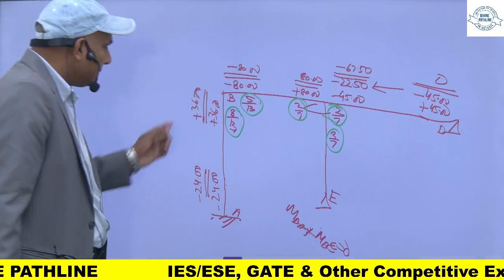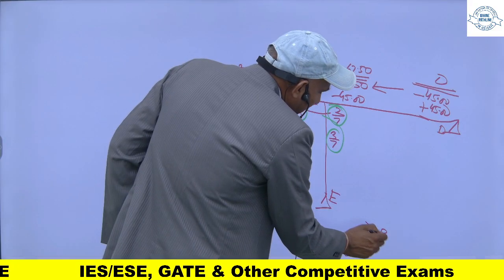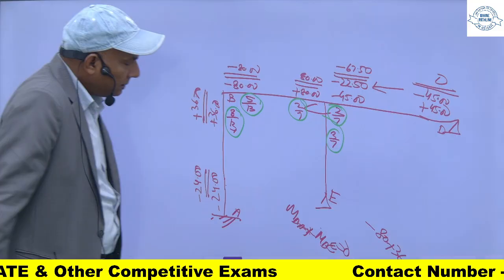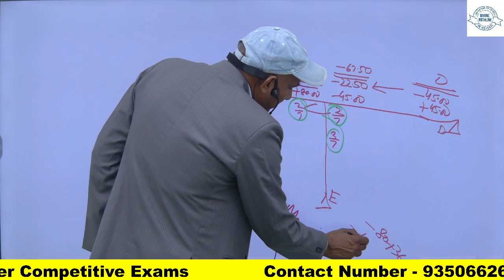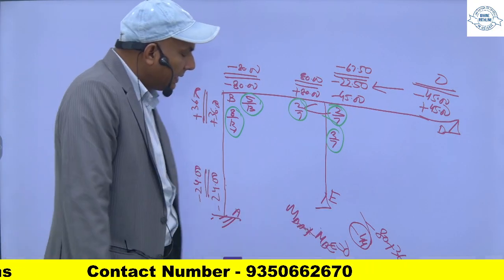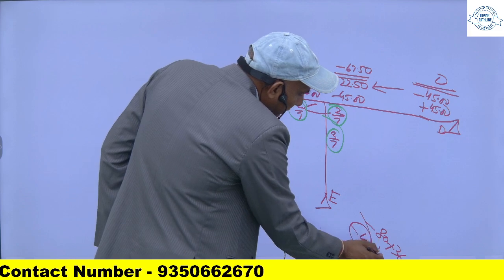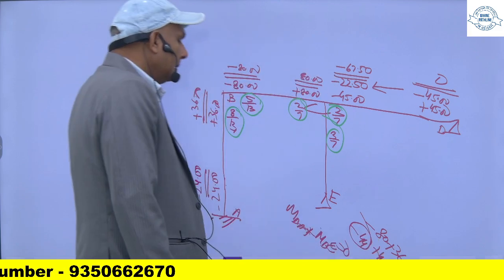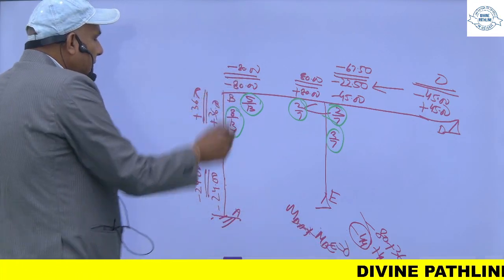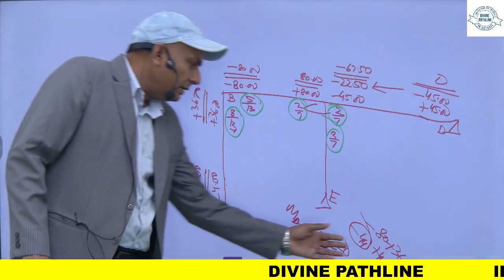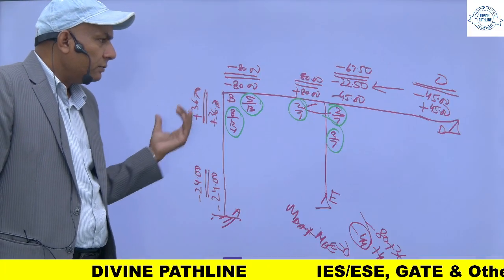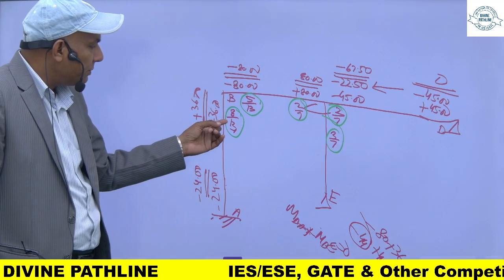It is minus 80 plus 36, so it means minus 44 kilonewton meter is the unbalanced moment. So for this I will apply a plus 44 correcting moment, and when I apply this plus 44 moment, the sum will be 0. But how it will be applied and in what proportion it will go to these two members depends on the distribution factor.